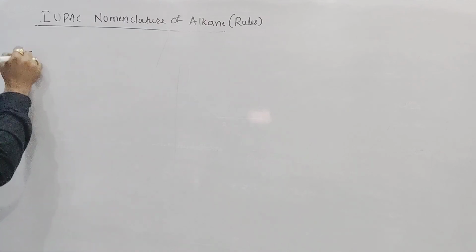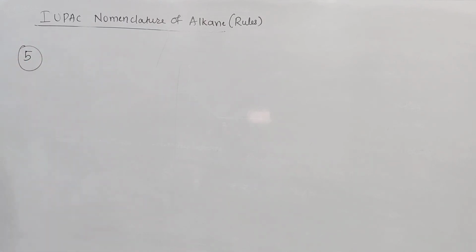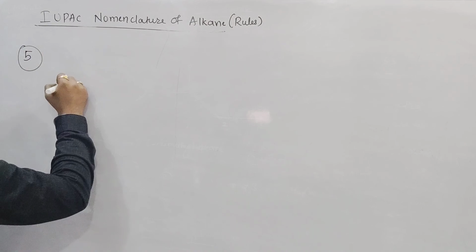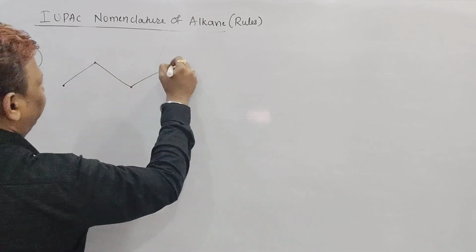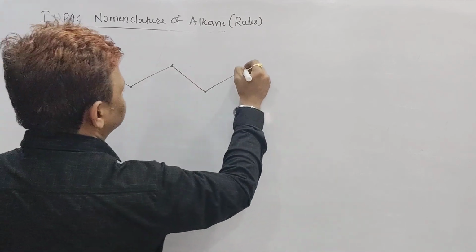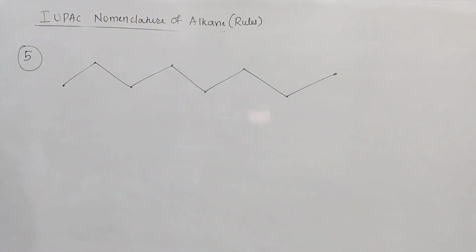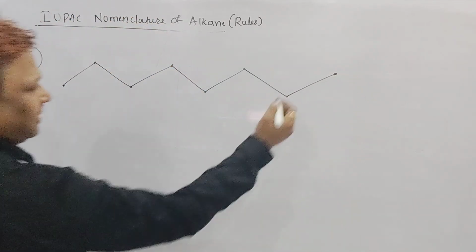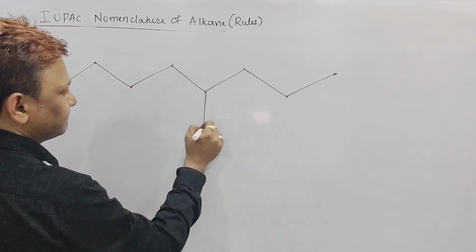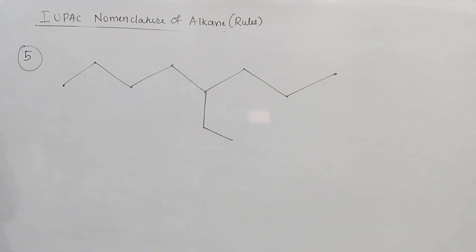Example number 5, sir. See, beta, the fifth example. 1, 2, 3, 4, 5, 6, 7, 8: 8 carbons are there. This is an ethyl group and this is a methyl group.